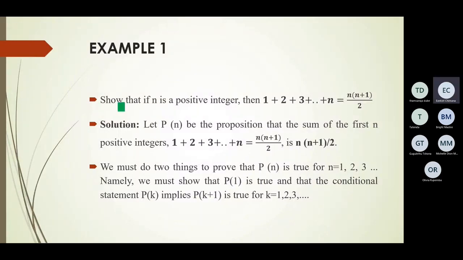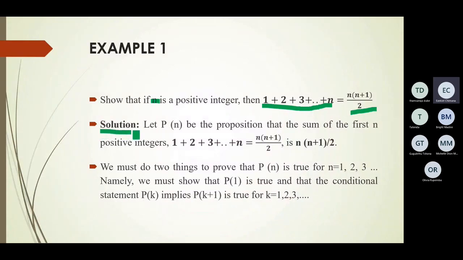So we have this example. We have to show that if n is a positive integer, then 1 plus 2 plus 3 up to n must always equal n times n plus 1 over 2.